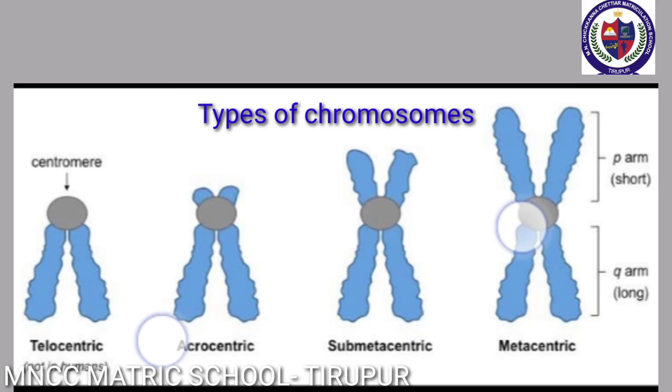They are also called sex chromosomes or heterochromosomes. There are two types of sex chromosome, X and Y chromosomes. Human male have one X chromosome and one Y chromosome, and human female have two X chromosomes.